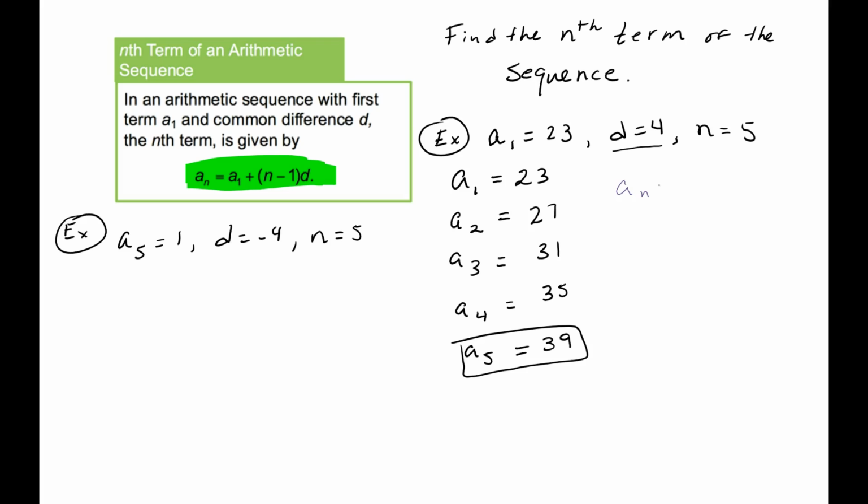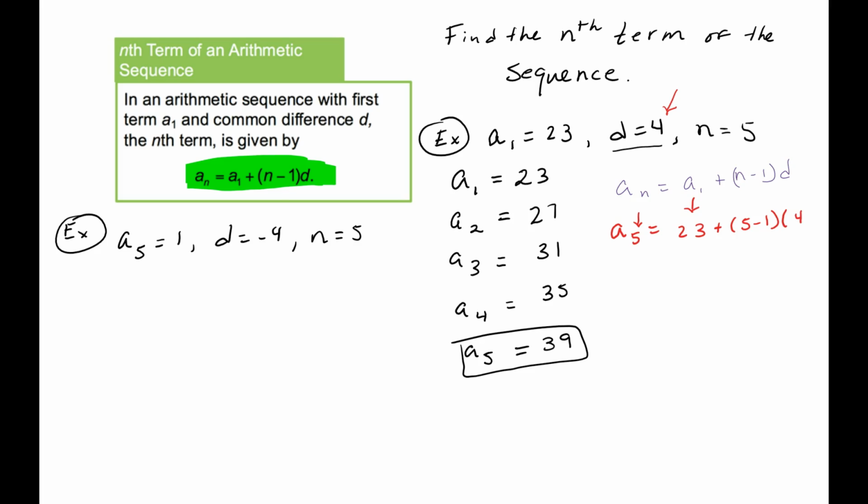a sub n equals a sub 1 plus n minus 1 times d, the common difference. So what does that look like for us? If we want a sub 5, we're going to take a sub 1, which is 23, plus, and the nth element we're looking for is 5, so 5 minus 1 times the common difference, which is 4.